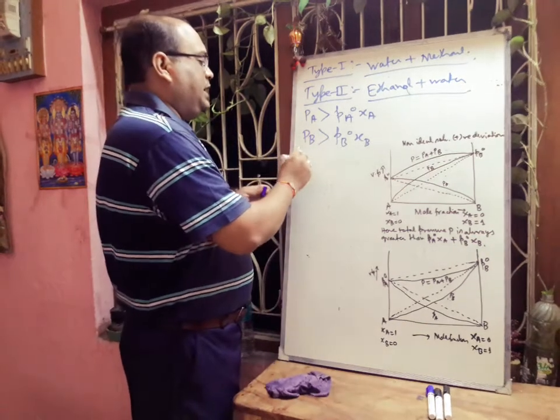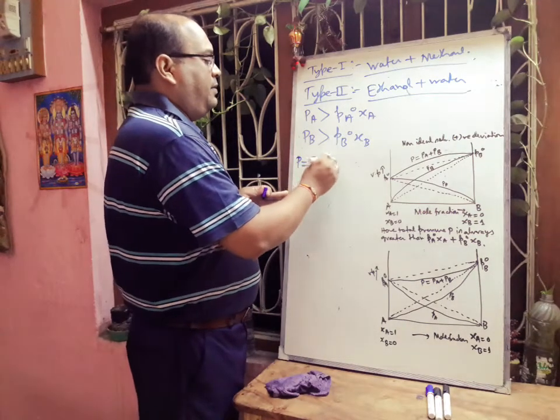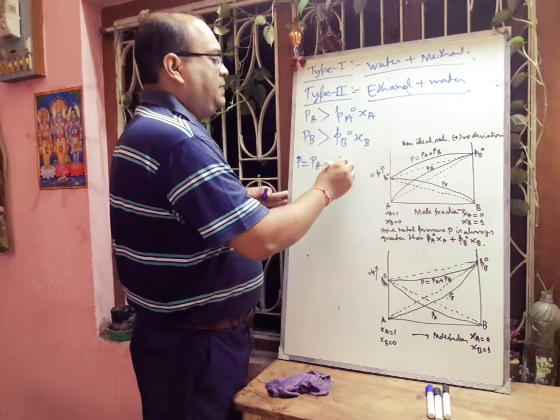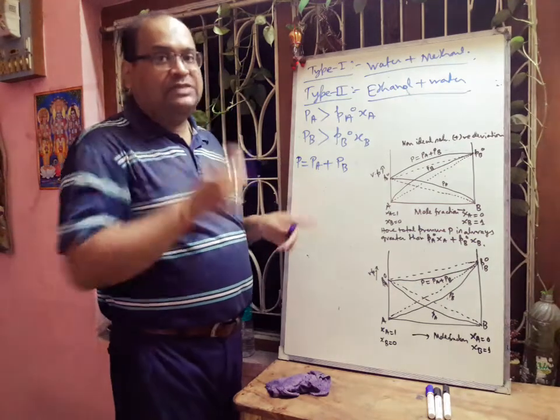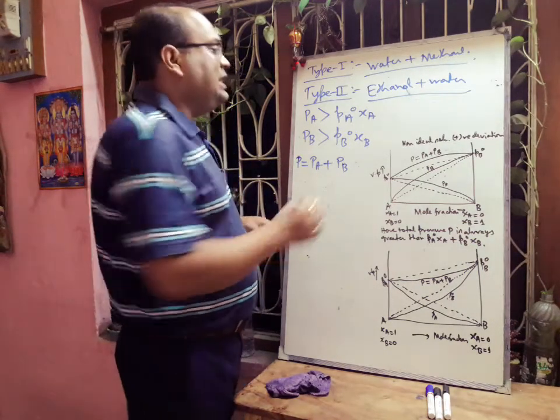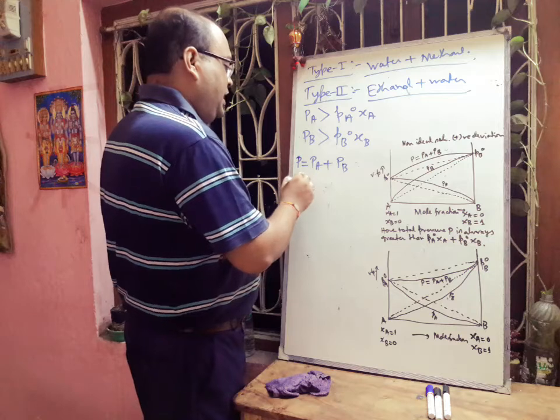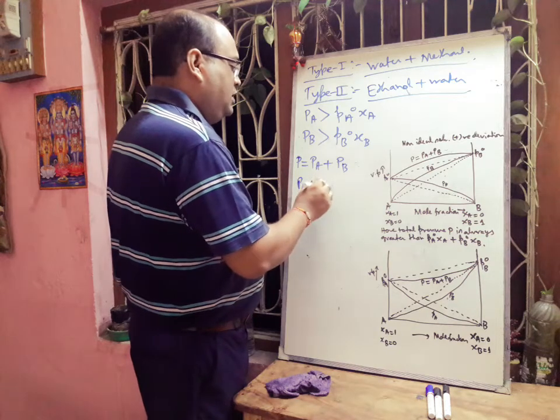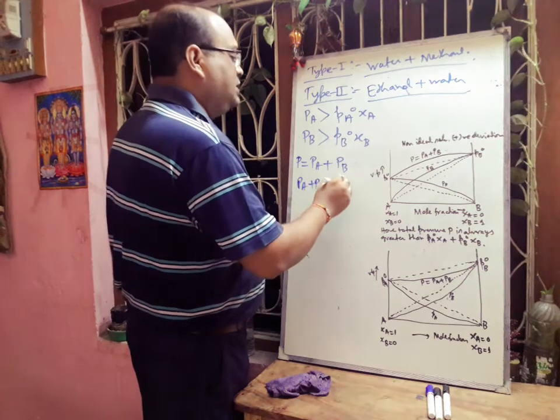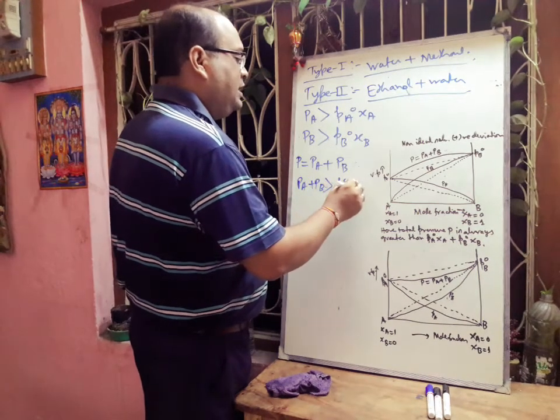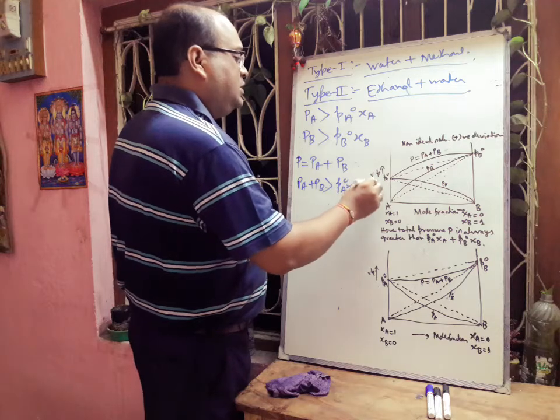Total vapor pressure P is equal to the summation of the partial vapor pressures PA plus PB. So PA plus PB is always greater than PA0 XA plus PB0 XB.